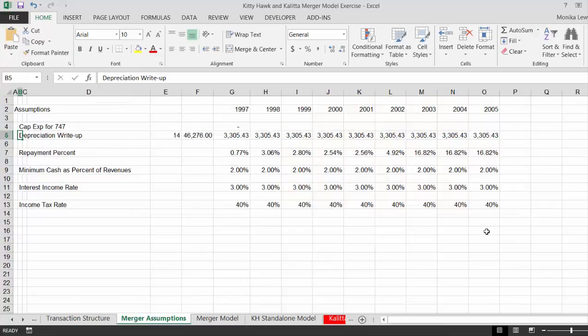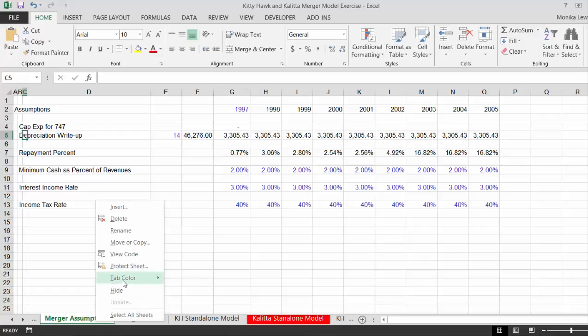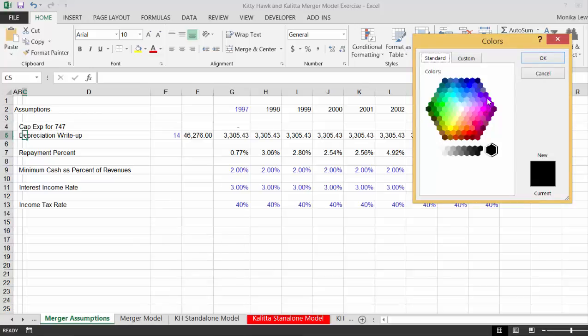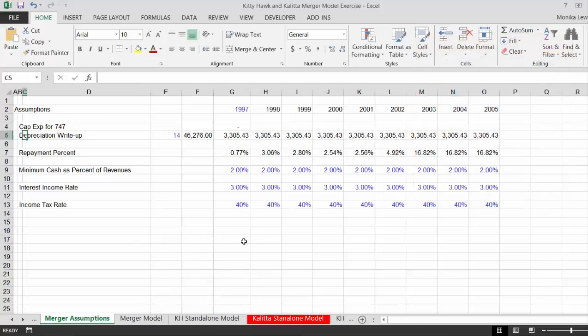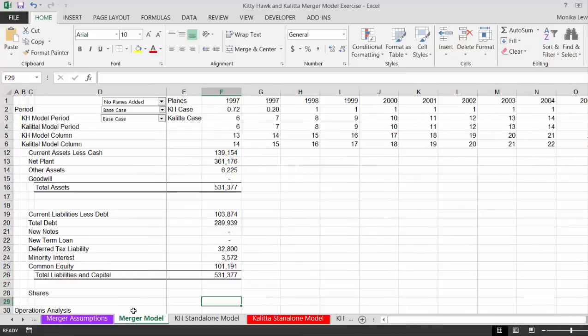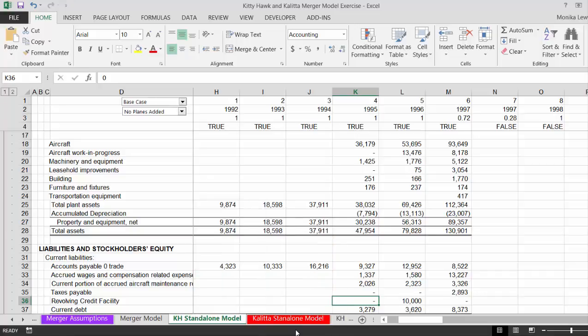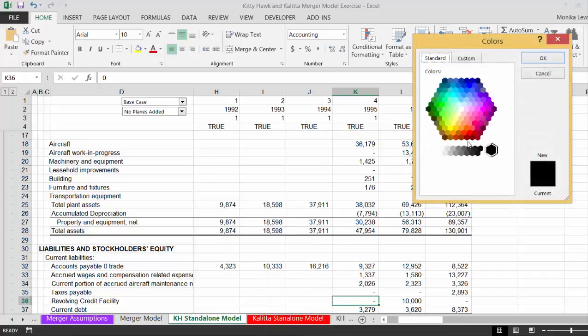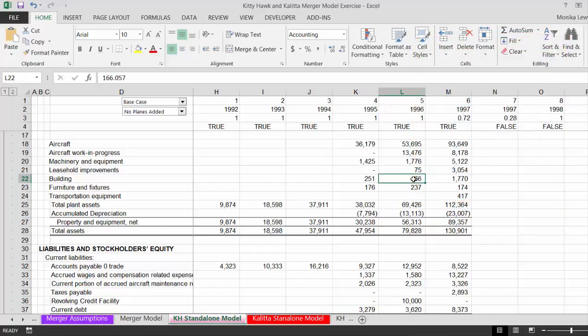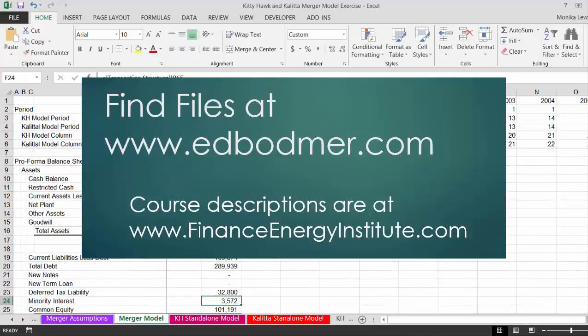You have to make some general assumptions. I'm pressing Shift Control C on the merger, and let's make this some kind of purple color. The merger model will also be all sorts of different horrible colors. I'm sorry about my horrible art.